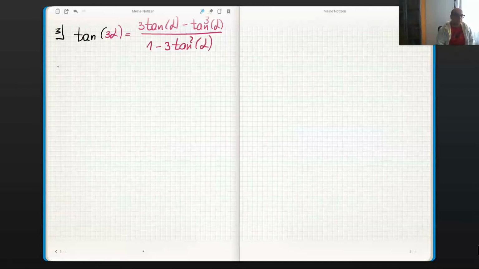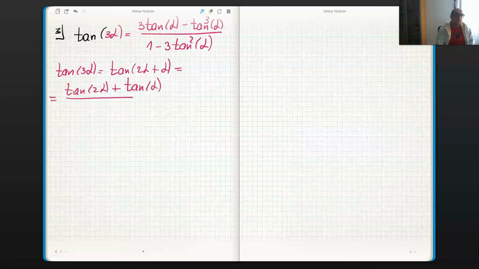Okay, the approach is the same. Tangent of 3 alpha is tangent of 2 alpha plus alpha. This is, if you remember that, a fraction: tangent of the first angle plus tangent of the second one, divided over 1 minus the product of the tangent of the first times the tangent of the second.